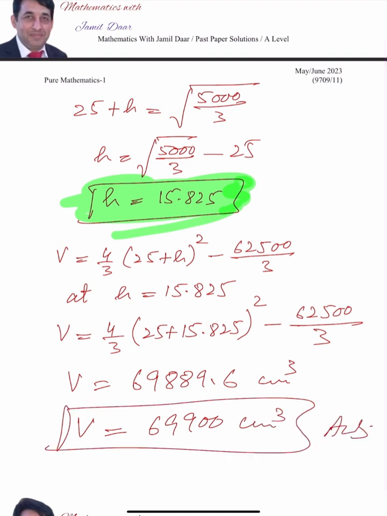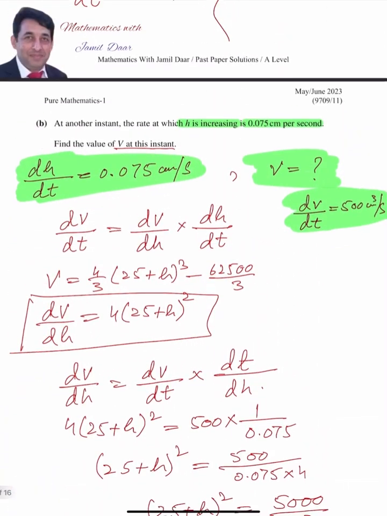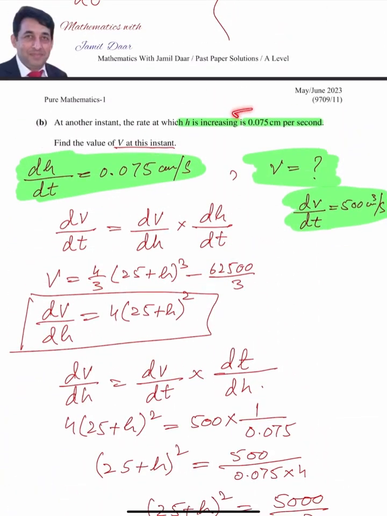You were supposed to find the value of the volume when the rate of increase of height was 0.075 centimeter per second, so you find the volume at that instant.